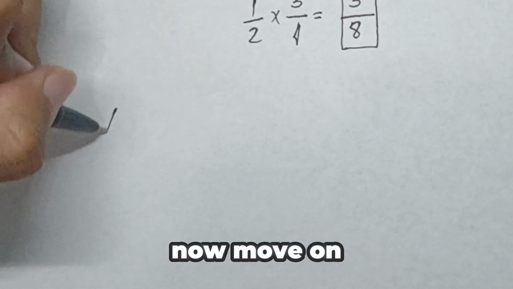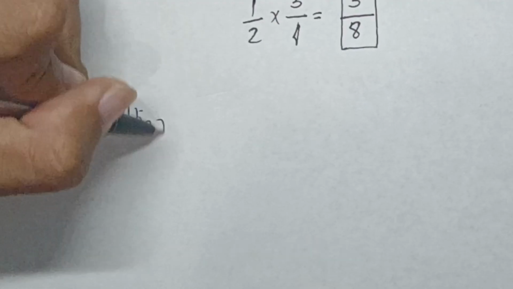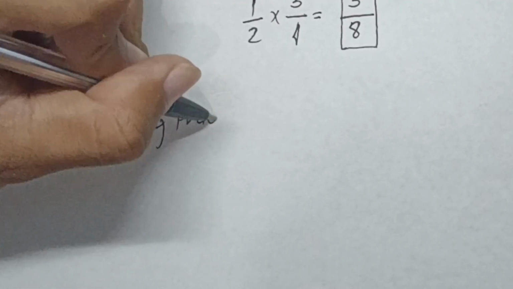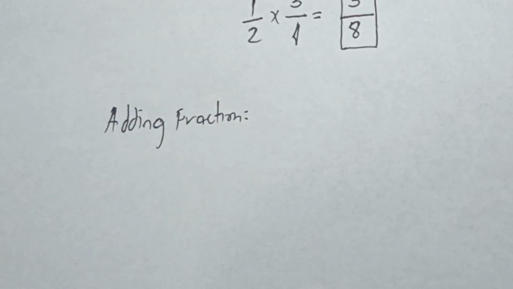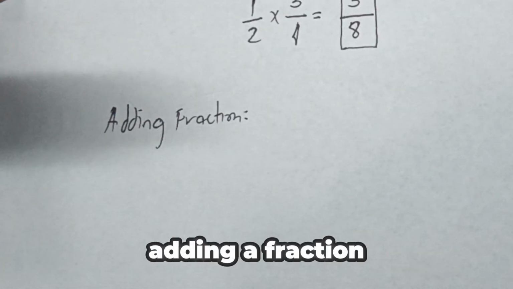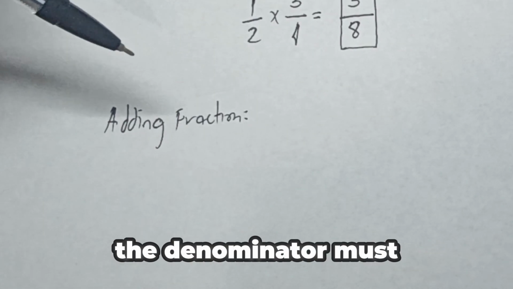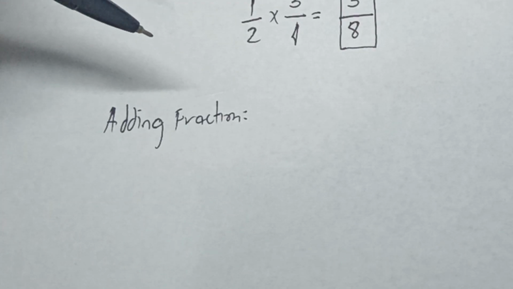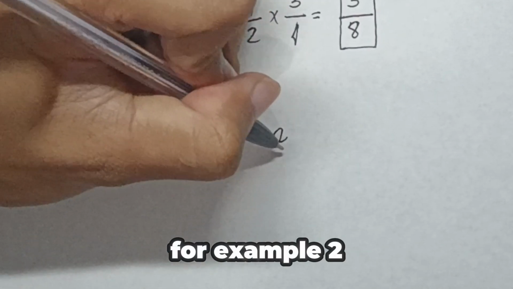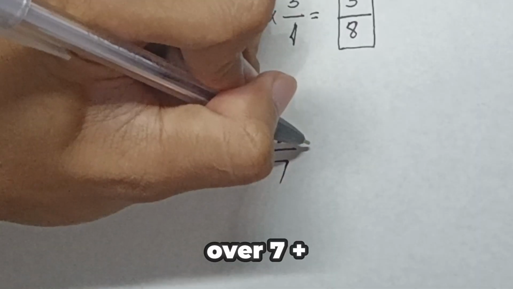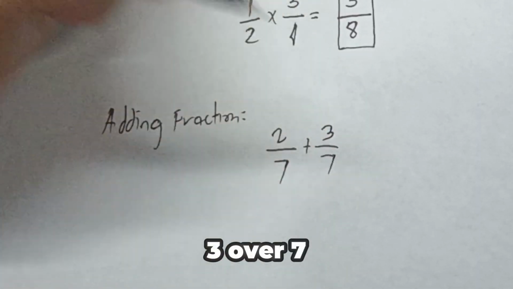Now let's move on to adding fractions. This one is different. When adding fractions, the denominators must be the same. For example, 2 over 7 plus 3 over 7.